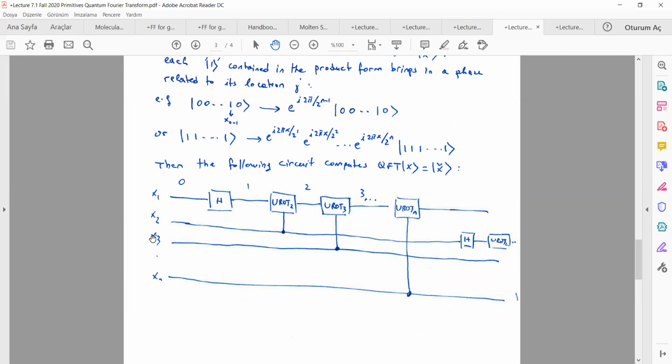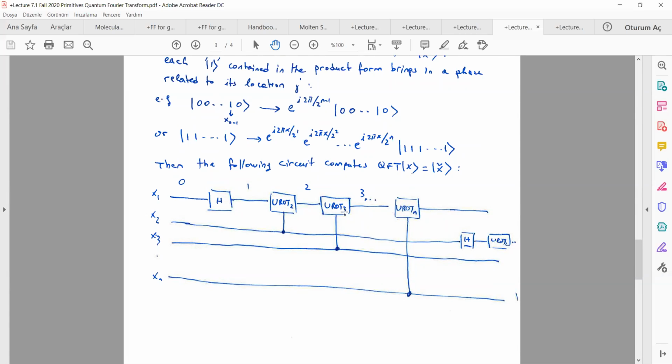And these are x1, x2, x3, x sub n. These are my input quantum states. What this circuit does is it first applies a Hadamard and then controlled U sub 2. Remember, this k was the location of the digit of the binary bit, right?